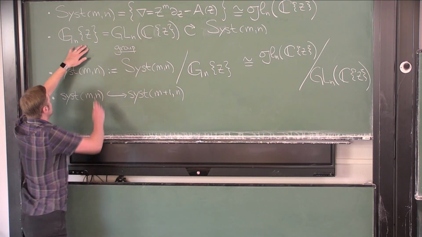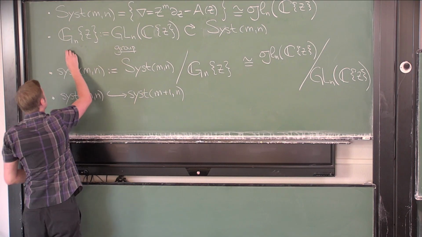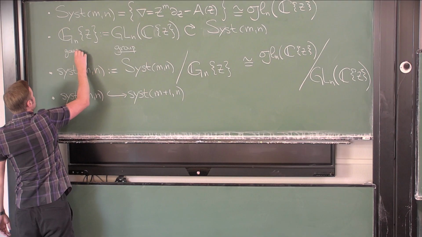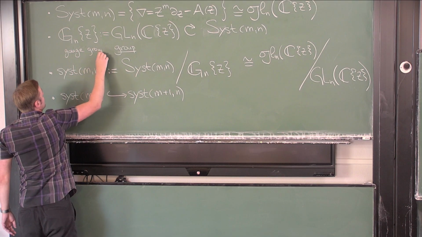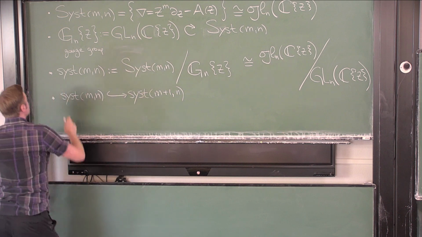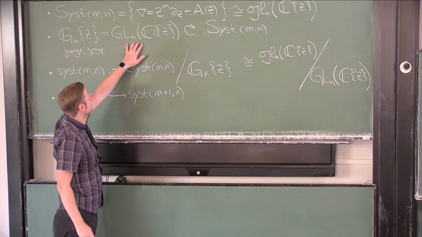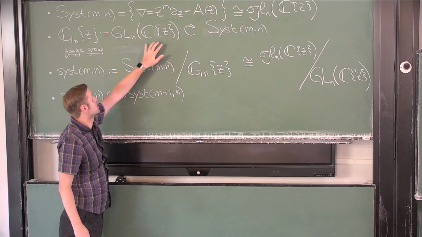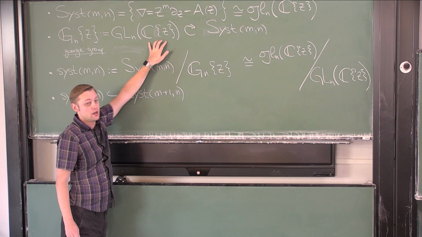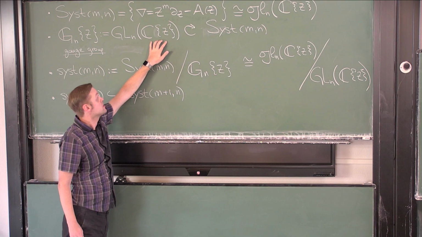And there is a group, called the gauge group. It genuinely is a group, which is the group of invertible n by n matrices whose coefficients are convergent power series.